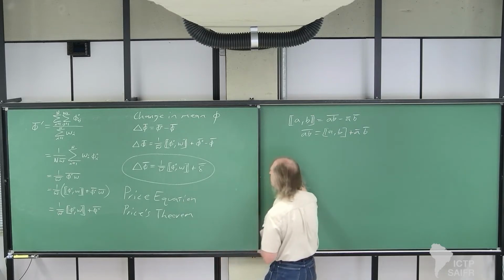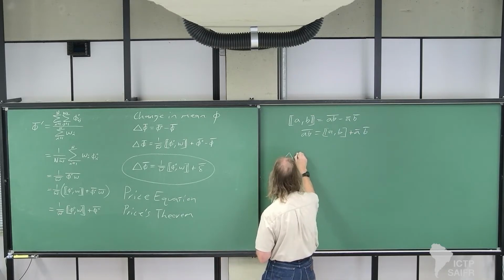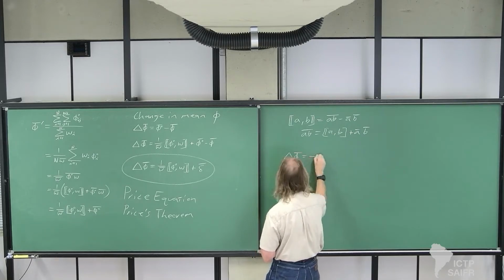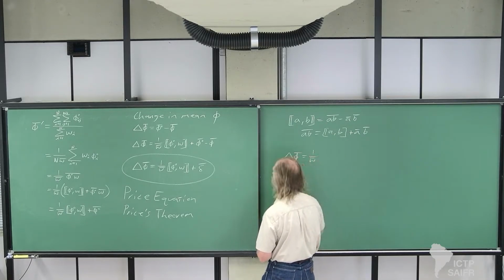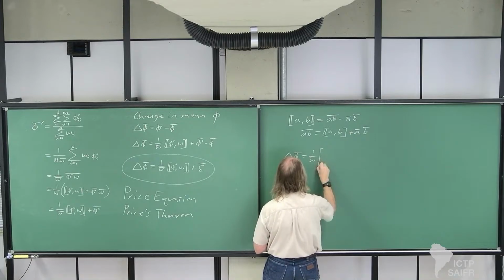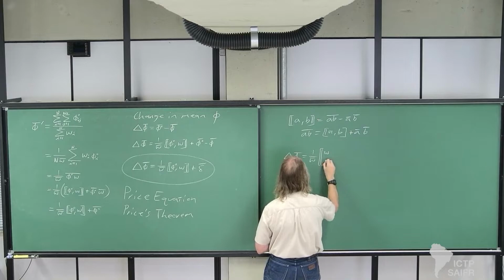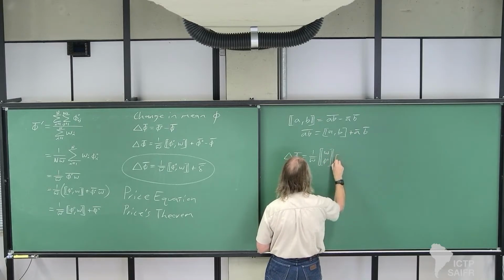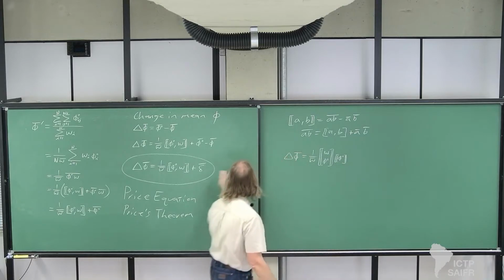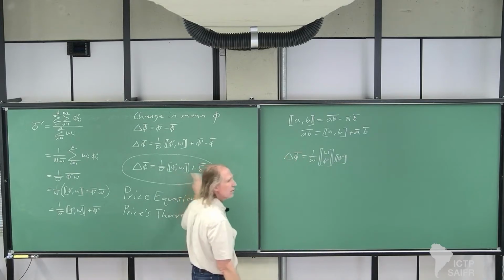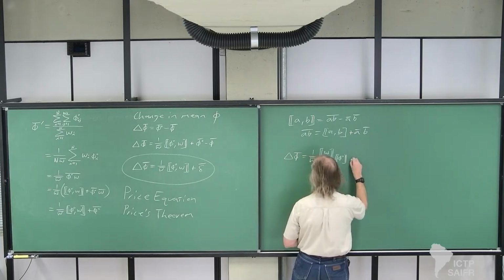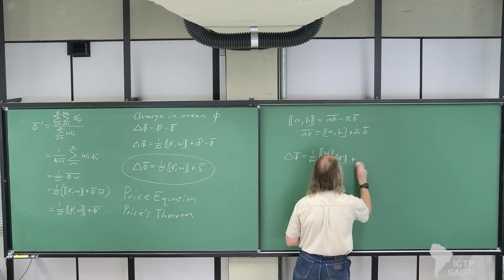So I could also write this as delta phi bar is equal to 1 over W bar times the regression of fitness on offspring phenotype times the variance in offspring phenotype. I'm just breaking up that covariance, and then I'd have to add delta bar.